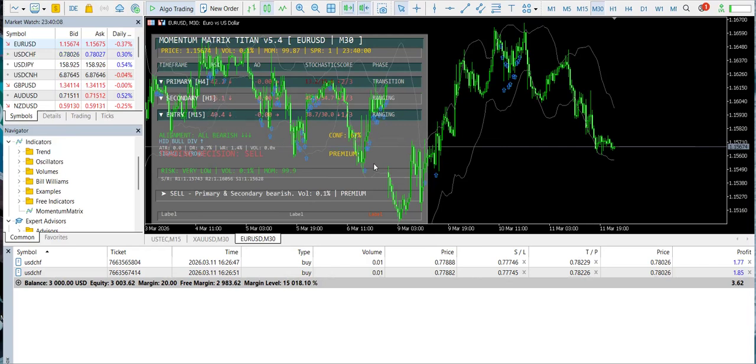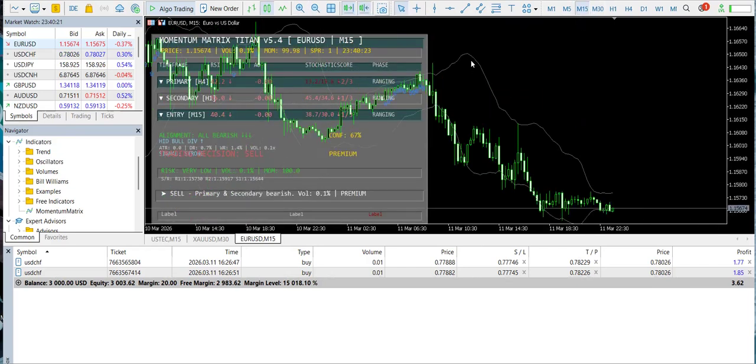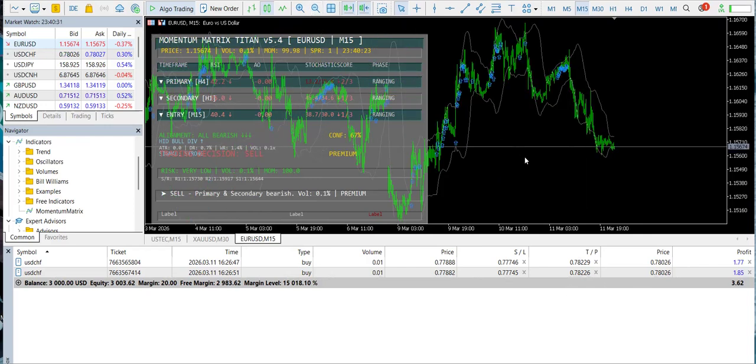So as you can see, it says premium sell, meaning this is a very powerful sell where you will be able to sell. Let's try and see how this looks. Yeah, okay, this one is selling.